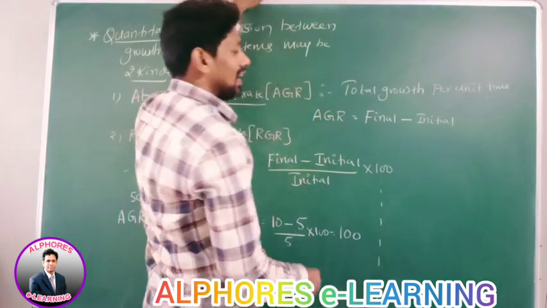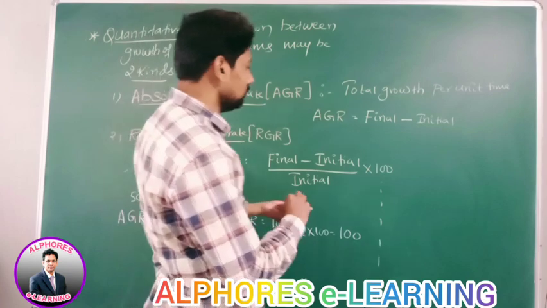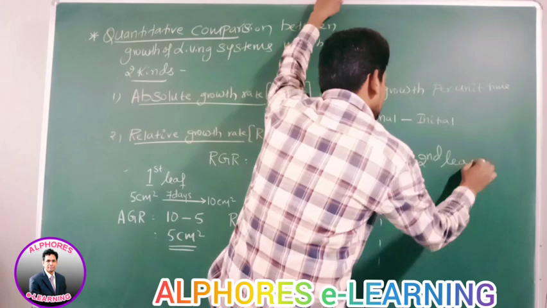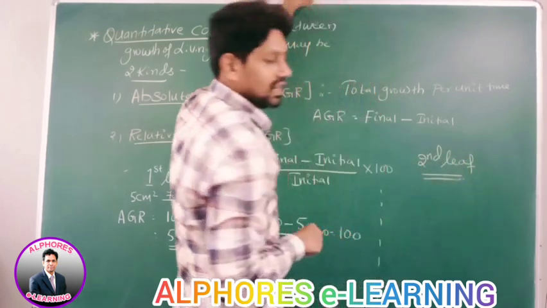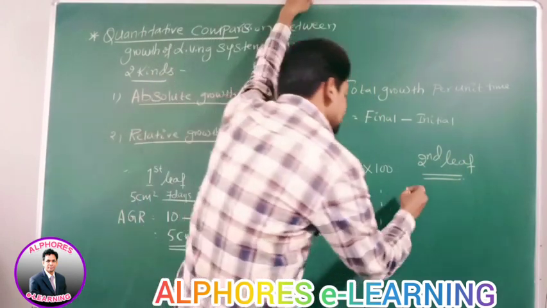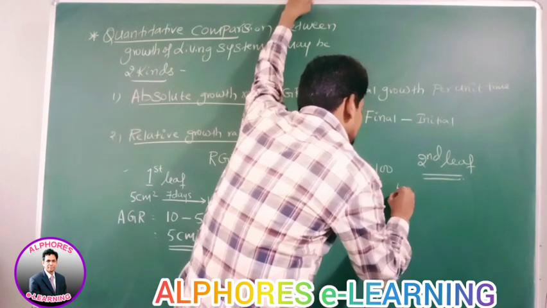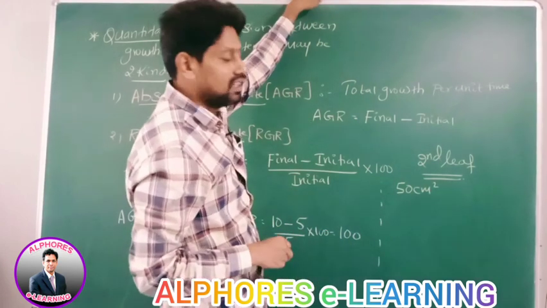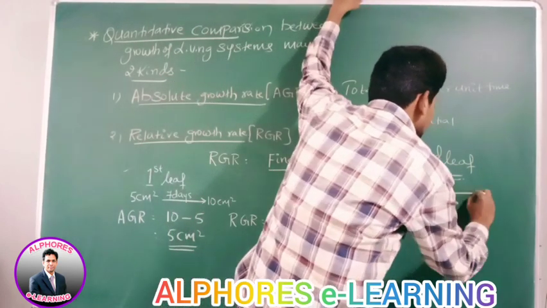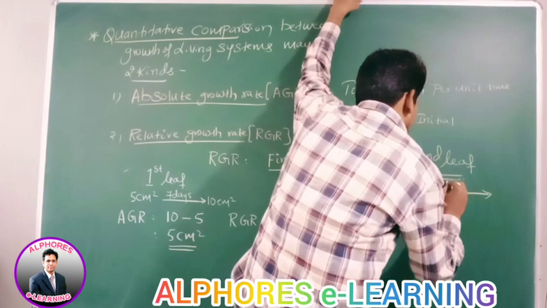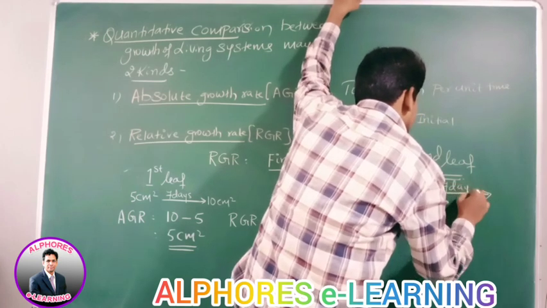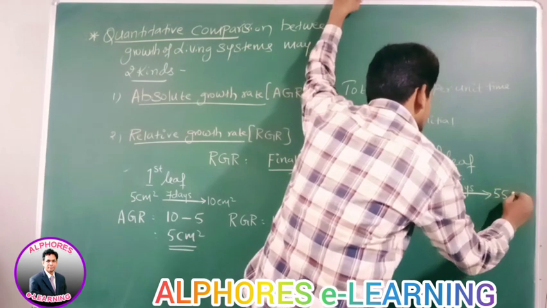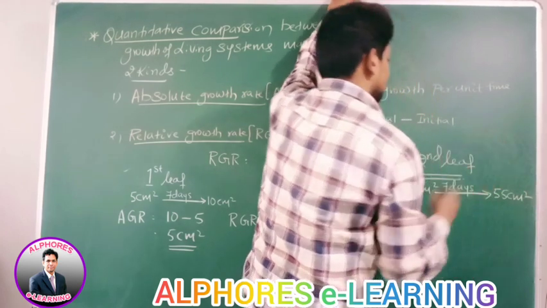Now I am taking another leaf, the second leaf. In the second leaf, the initial size is 50 centimeter square. After a duration of 7 days, which is 1 week, it became 55 centimeter square.